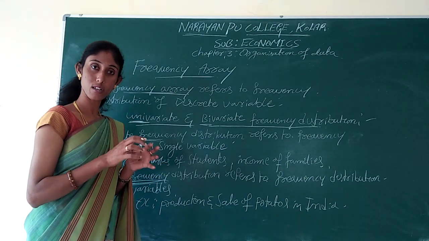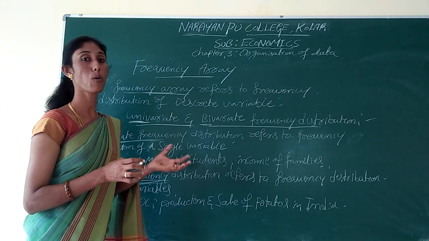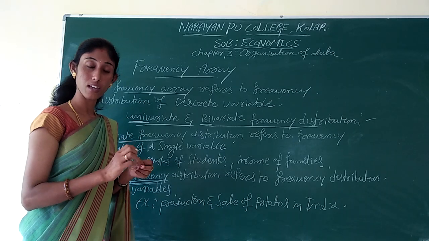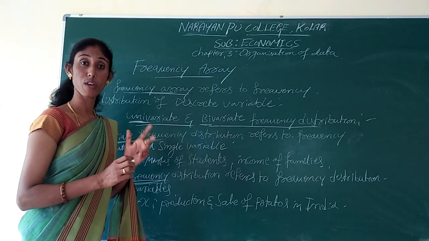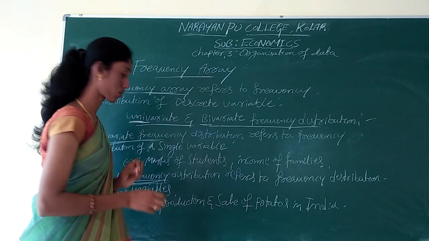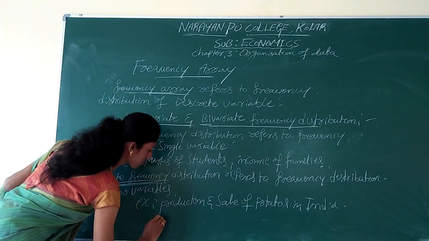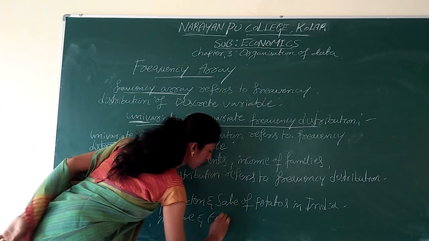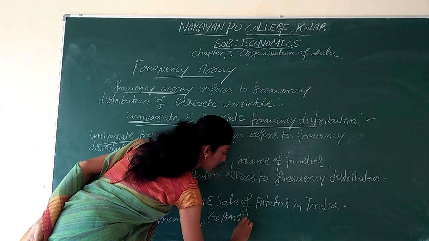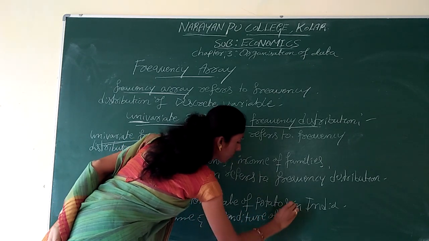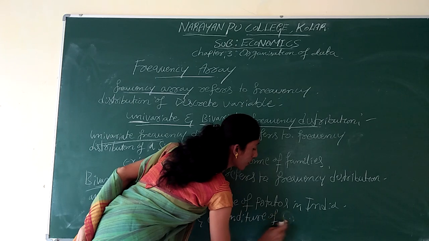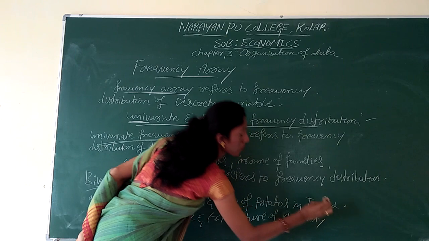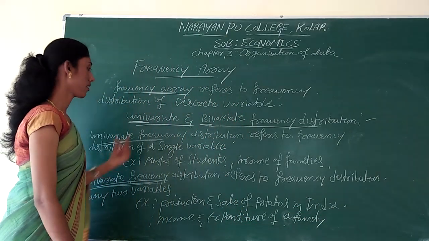At a time in a particular data, if we are going to discuss both the income of a family as well as the expenditure of a family, that is also called bivariate frequency distribution. Income and expenditure of a family.